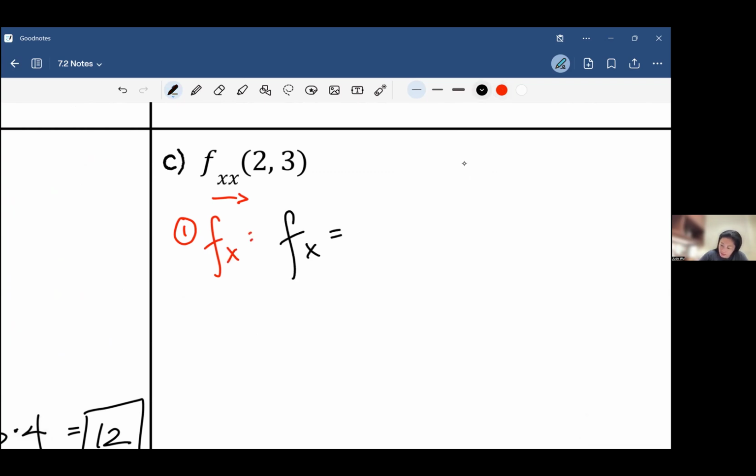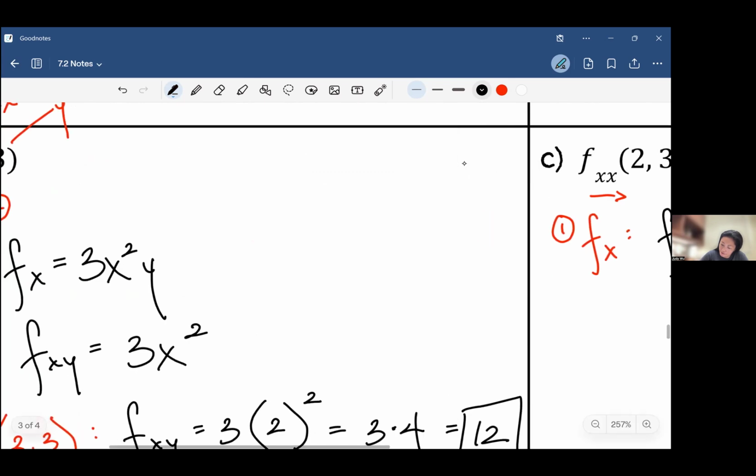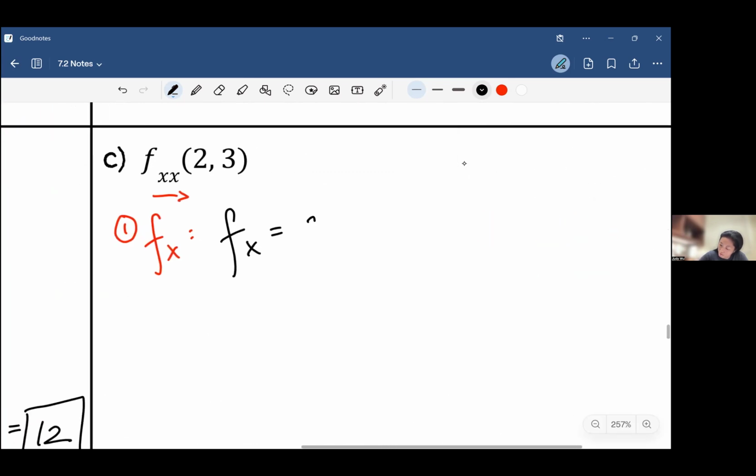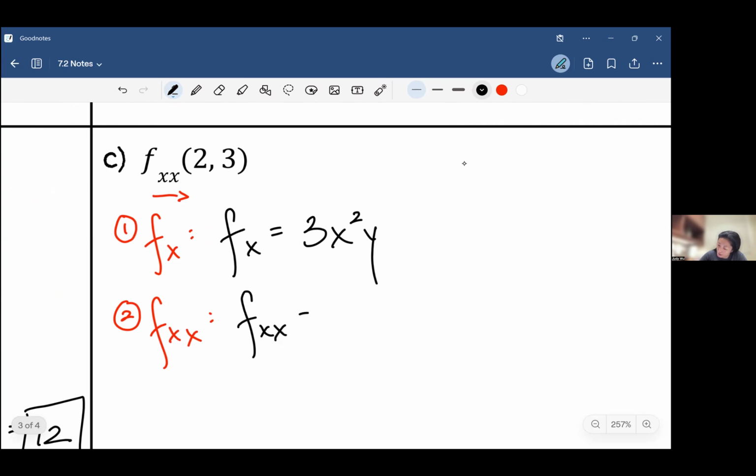Fx is the same as the fx I had over there, 3x squared y. Okay. Now I have to find my second partial, and I'm going to treat x like a variable again. So fxx is 6xy. Okay, so I did the power rule with the 3x squared, and I kept the y because y is like the 3. It's like a constant here.